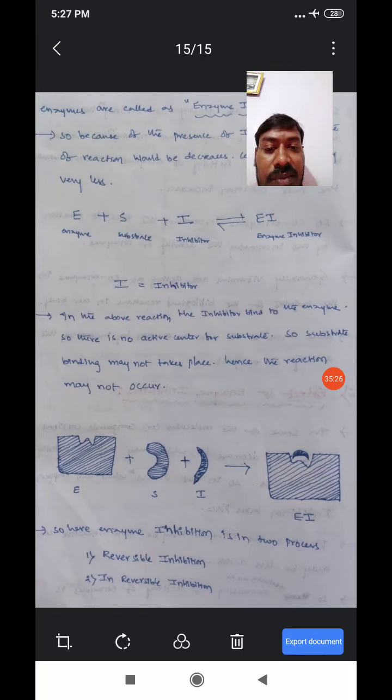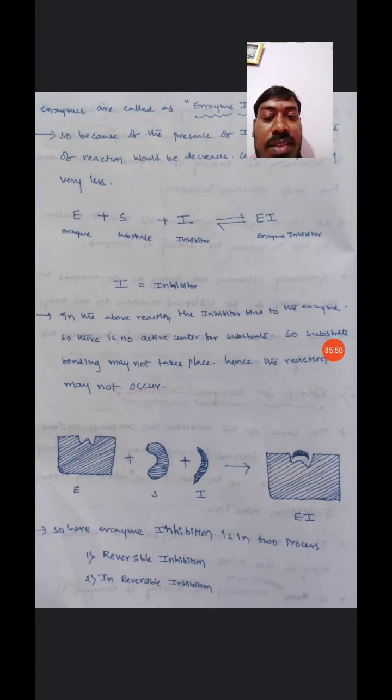In this reaction the inhibitor binds to the enzyme, so there is no active center for the substrate. The substrate binding may not take place, hence the reaction may not occur.